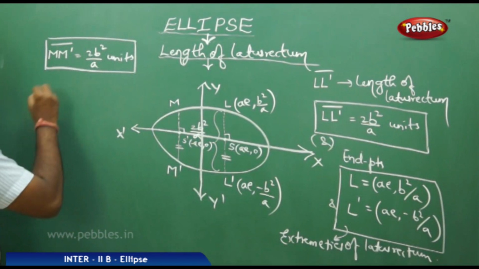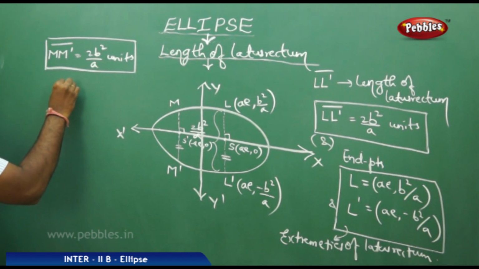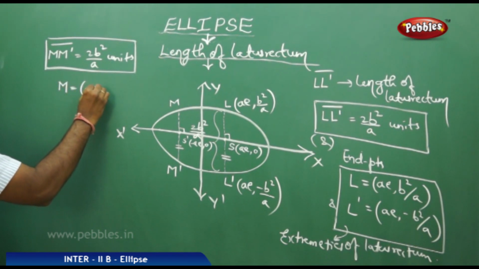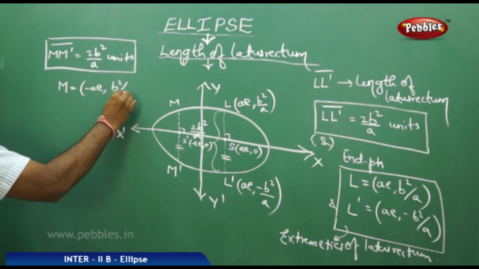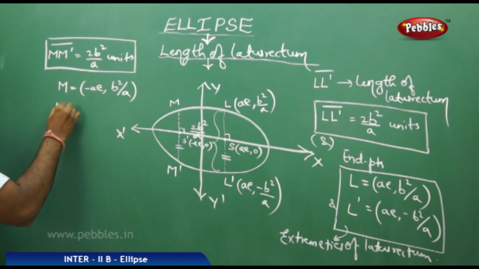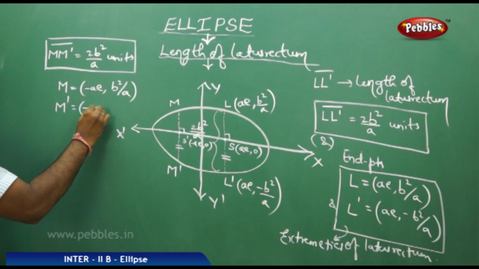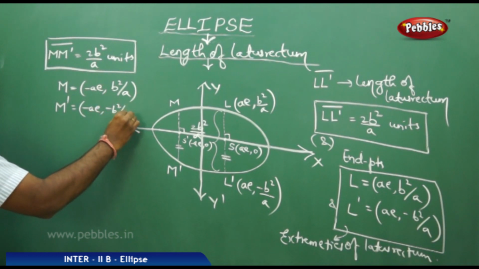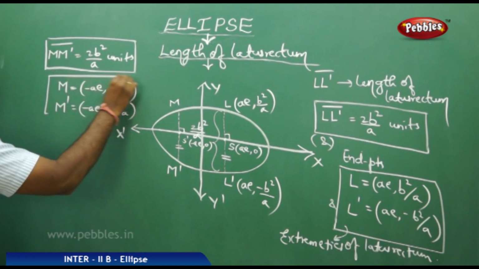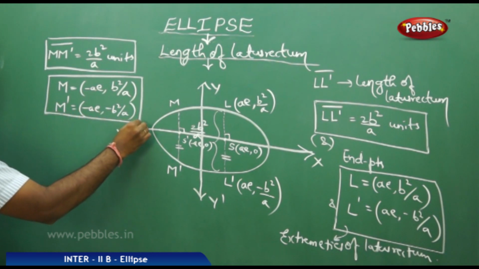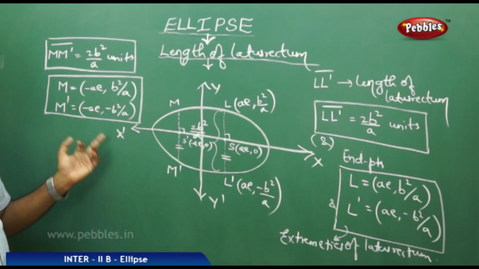And the extremities, endpoint M is given by (minus ae, b square by a), and M dash is given by (minus ae, minus b square by a), because M and M dash lie on the negative side of x-axis, both will be minus.